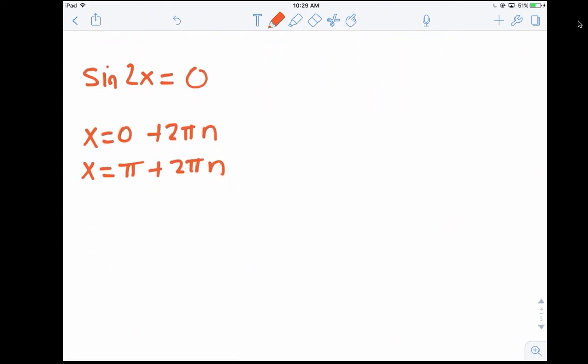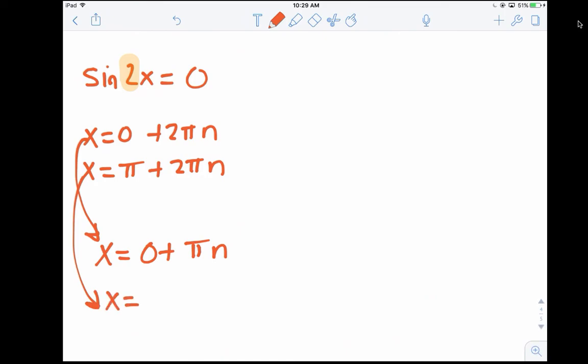All right, now because you have a 2, you're going to take both of those solutions and divide them by 2. Okay, so that's going to give you x equals 0 plus pi n, and the other one would be x equals pi over 2 plus pi n. Okay, so both of these are your general solutions.